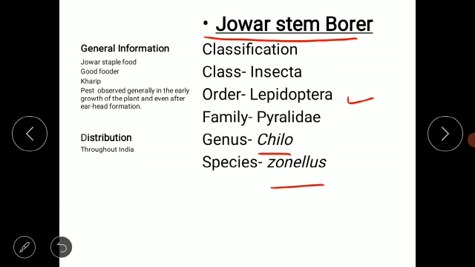Means in the early and in the late stage of development, the Jawar plant becomes infested by the Jawar stem borer. Okay, so this pest is distributed throughout India, and the Jawar stem borer is commonly known as the spotted stalk borer, or we also call it the pink borer.